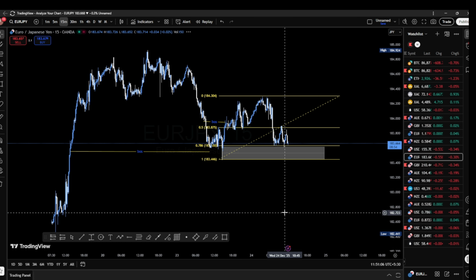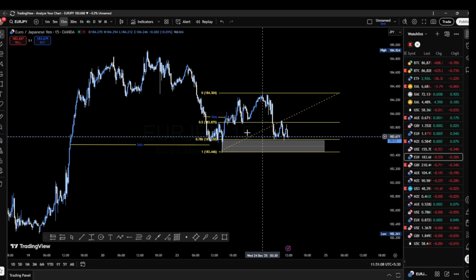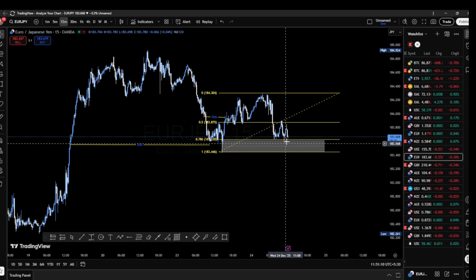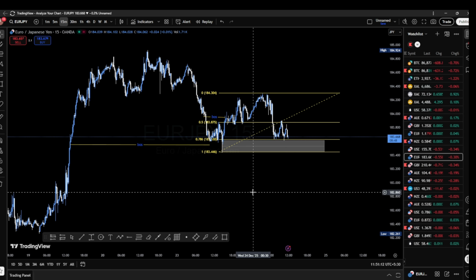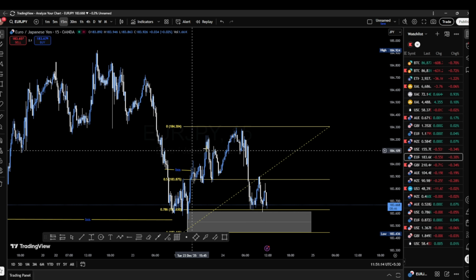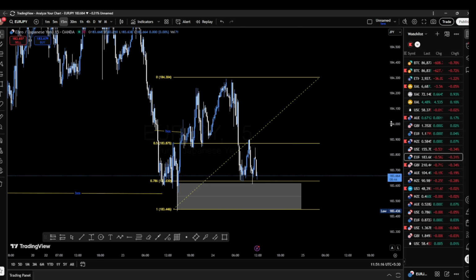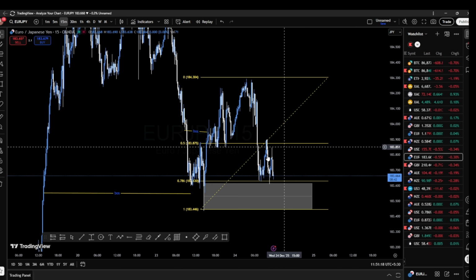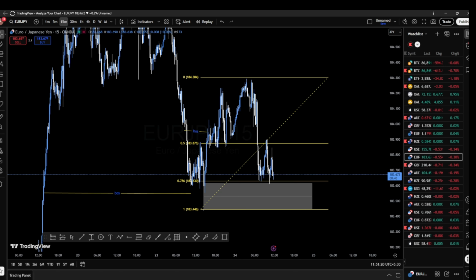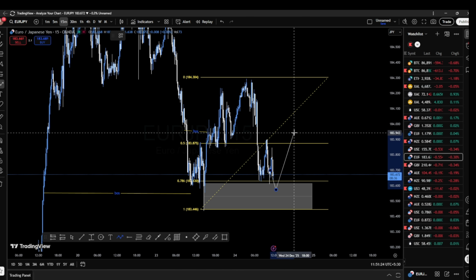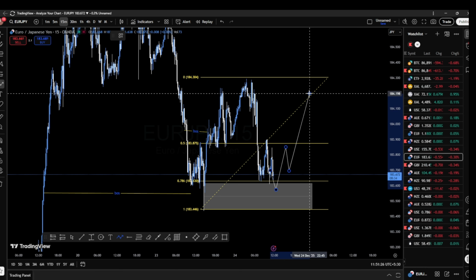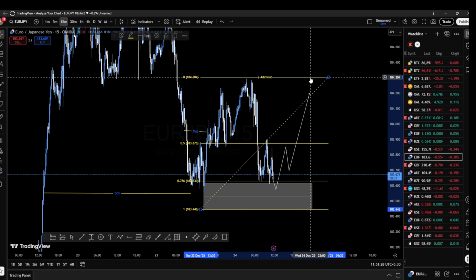And it has already broken this one. Right now I am waiting for confirmations. Okay, everywhere I am waiting for confirmation. If you want to go aggressive you can, but I'm not going to go aggressive right now.